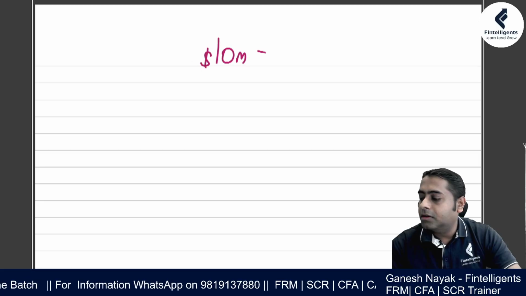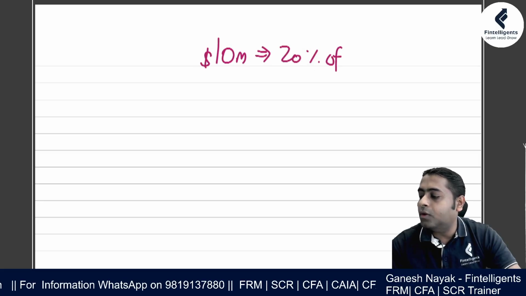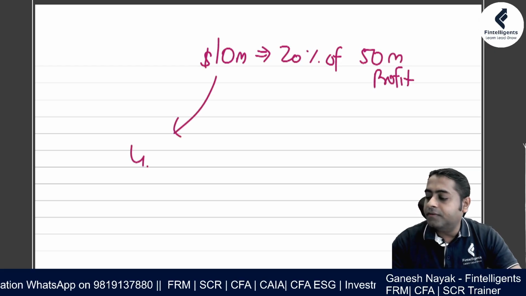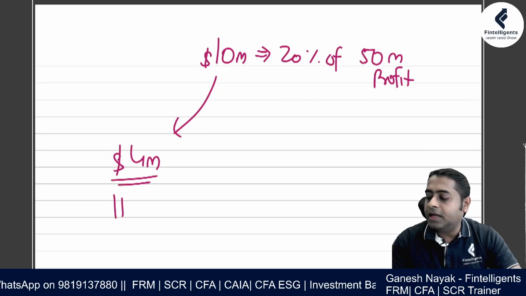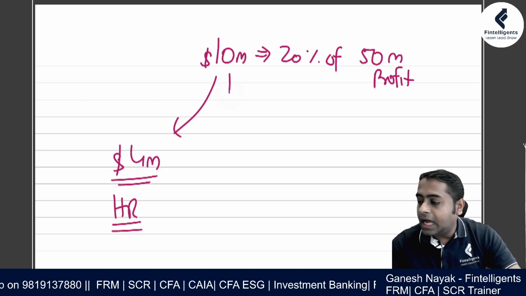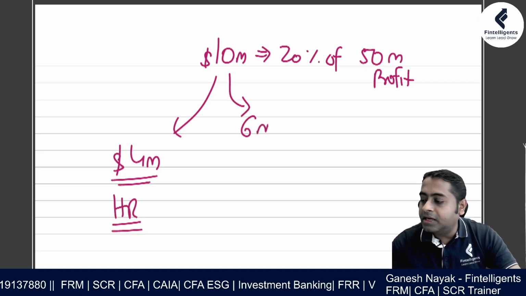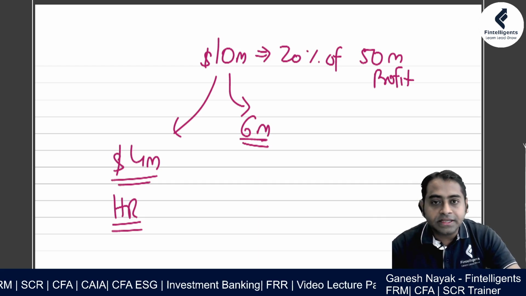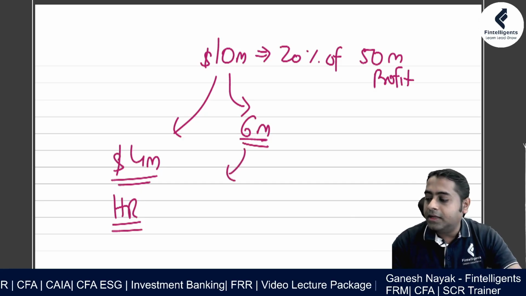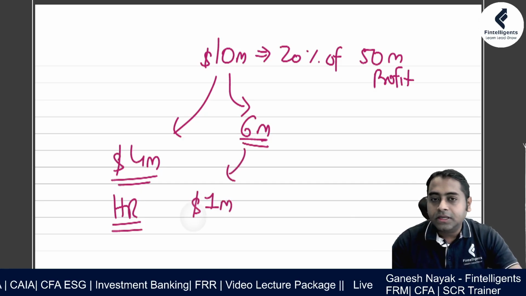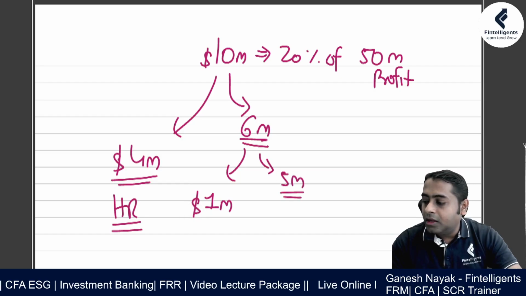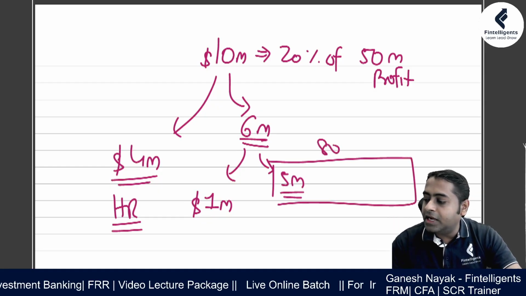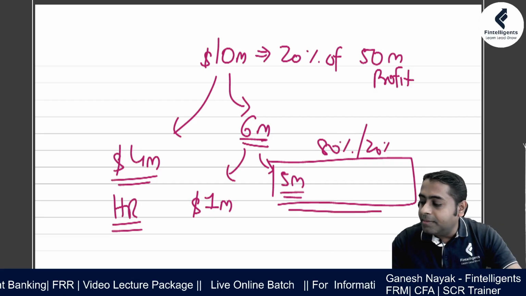$10 million is coming as 20% of the overall $50 million profit. Out of this, $4 million is already taken in terms of the hurdle rate. Ideally the entire 6 million was supposed to go to the owner, or basically the GP. But what I'm saying is, you will get $1 million first, and this $5 million will go to the LP, and then your 80-20% calculation is happening on the remaining amount, correct?